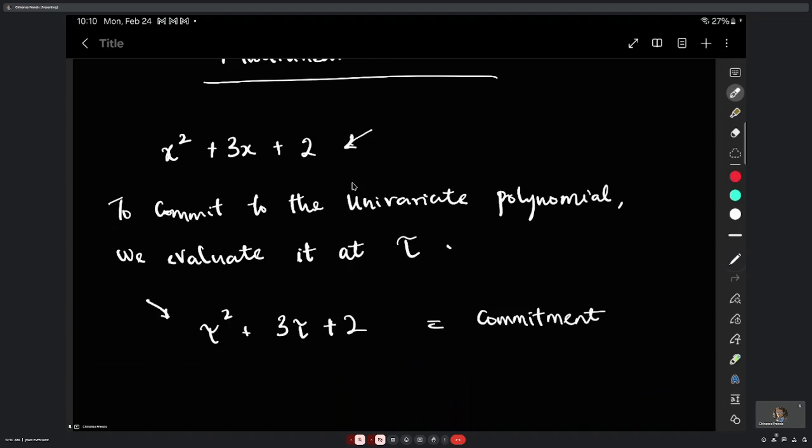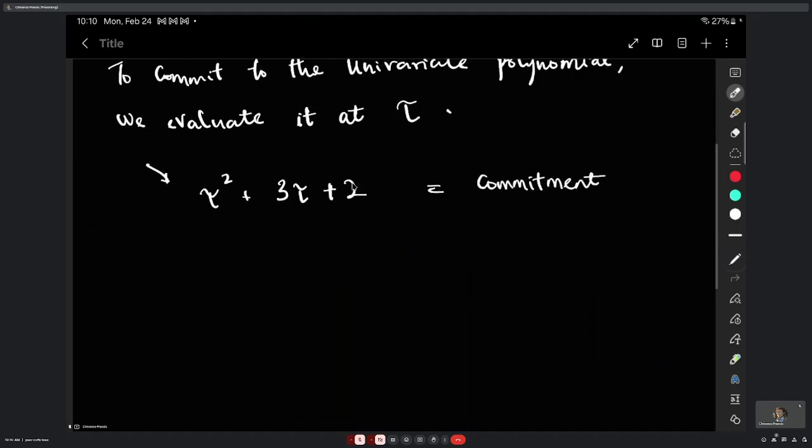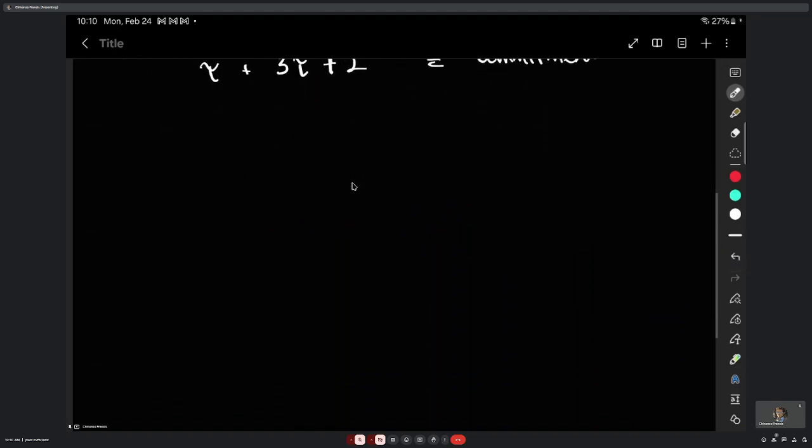But now when we're talking about multilinear, let's say we have a polynomial. Who should give us a polynomial? No, a multilinear polynomial: 2ab plus 3bc.